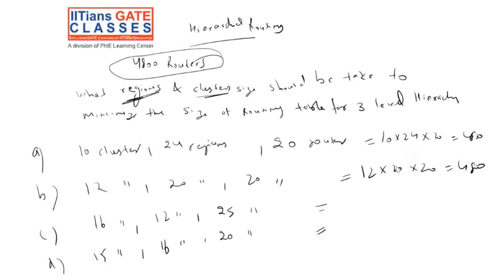Why are we reducing the routing table entries? To reduce the searching time, right? If we are using hierarchy, it means searching time will be less. So which combination is good so that searching time will be less? If searching time is less, then that is the best combination.